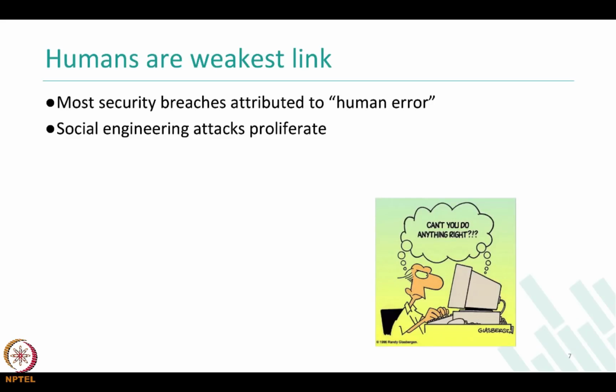The interesting thing about this whole area of usable security, or even security itself, is that humans are the weakest link. We make the most kinds of errors. If you have read about these breaches, most security breaches happen because of human error. Social engineering attacks proliferate a lot. I don't know how many of you know what social engineering is.